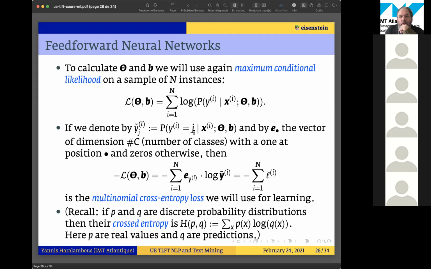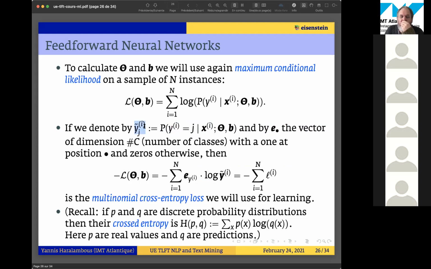The trick is to say, I take this model of mine for each j, and I give it a name.